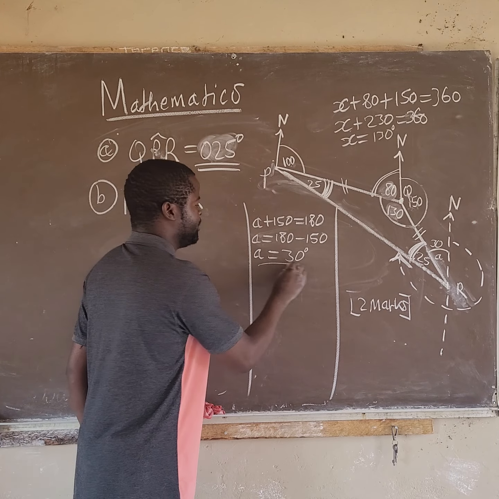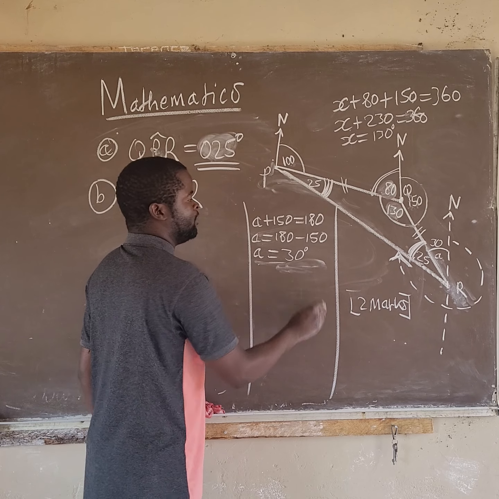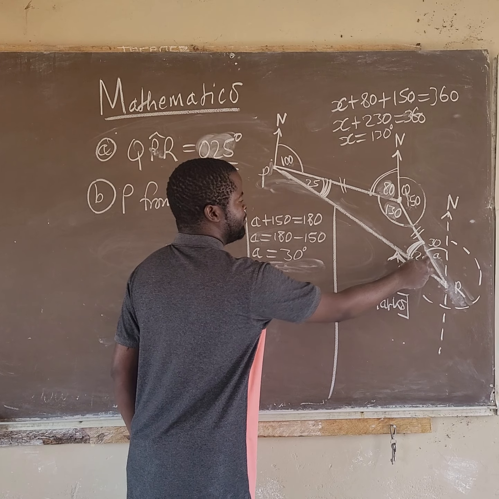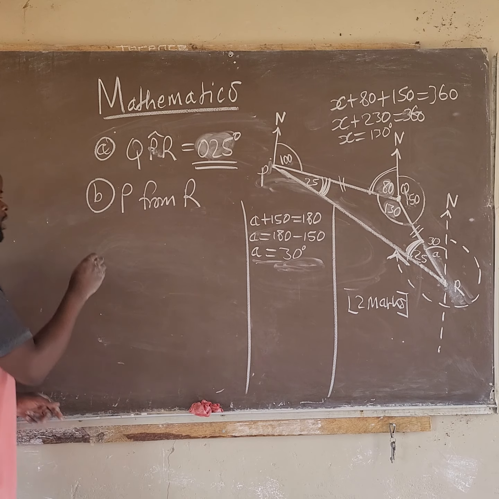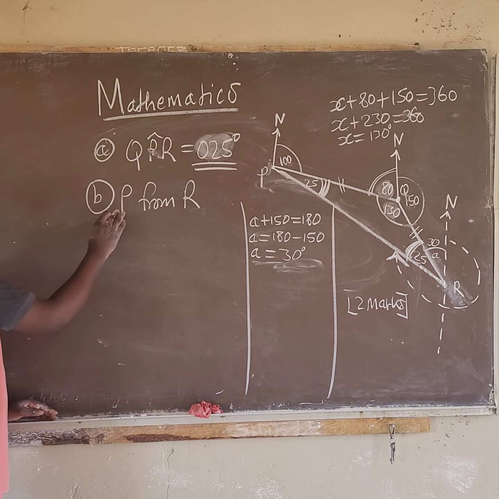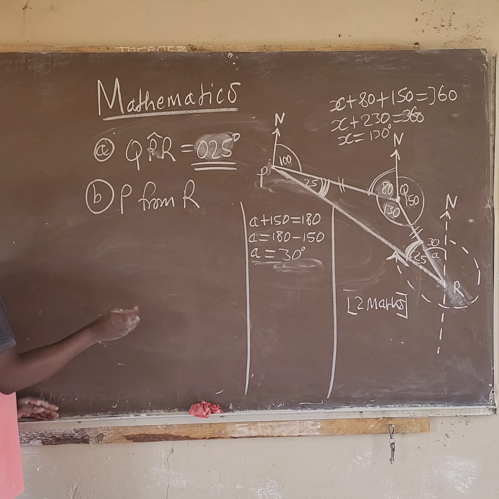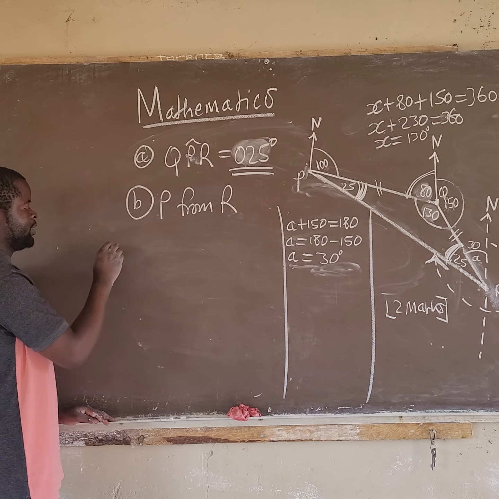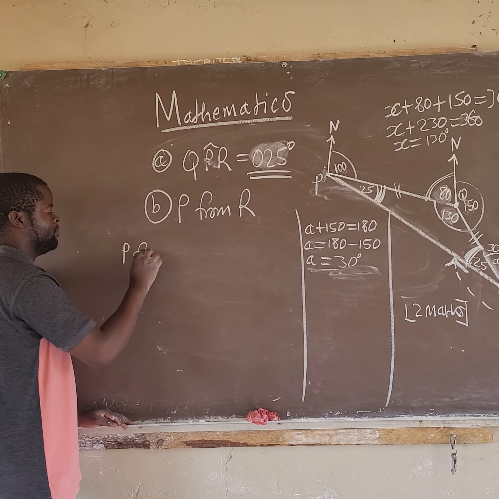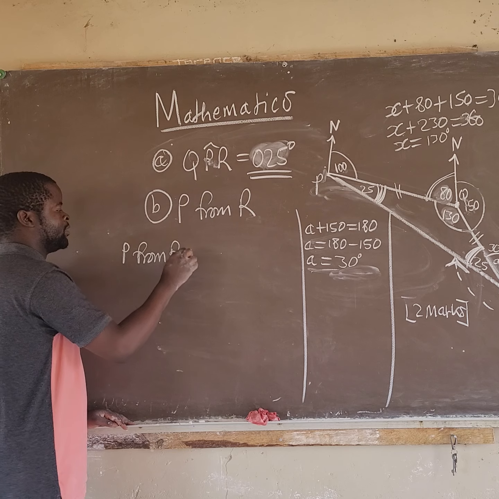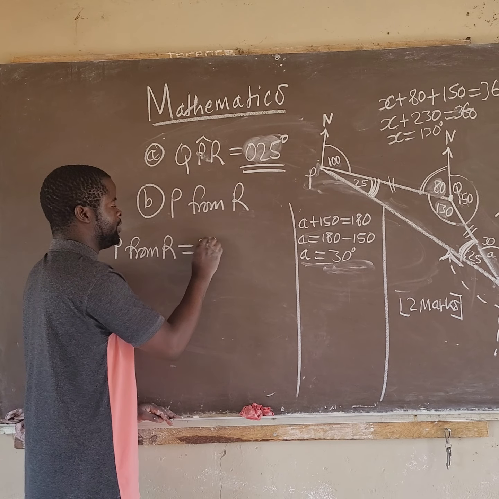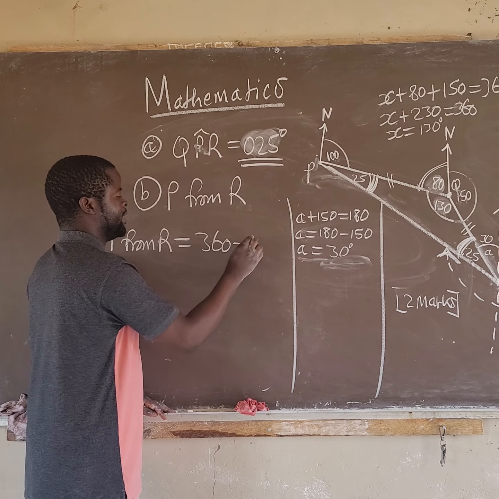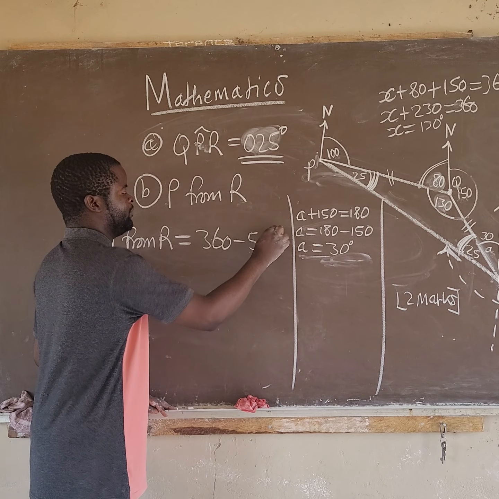Definitely. What will be the next step now? The next step now is to add 25 plus 30, which is going to be 55. Therefore, I'll say the bearing of P from R will be equal to, that will be the size of the angle, so definitely it will be 360 minus 55 degrees.